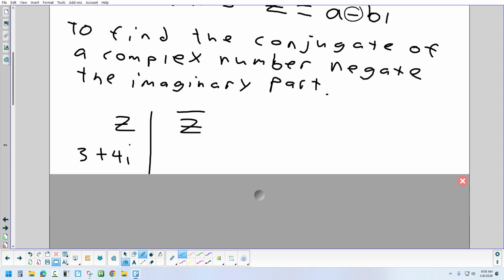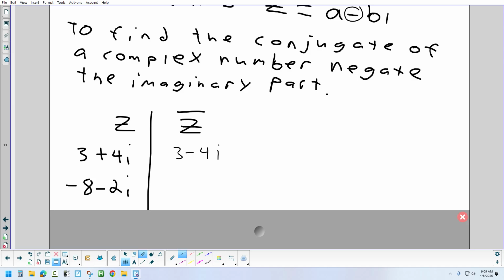Yep. And something interesting happens if you multiply that number and that number together, and we'll do that after. How about negative 8 minus 2i? Negative 8 plus 2i. So that's the conjugate.